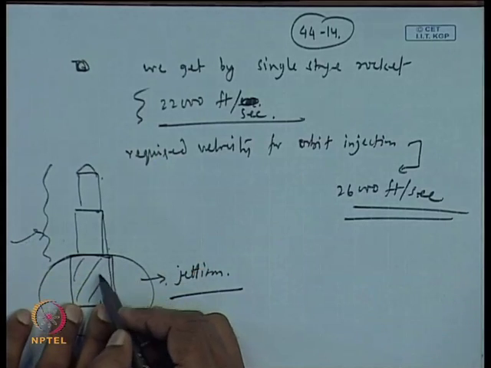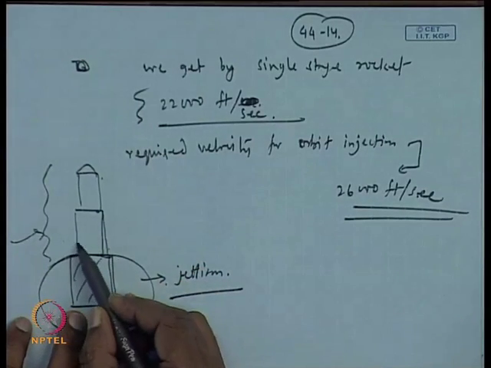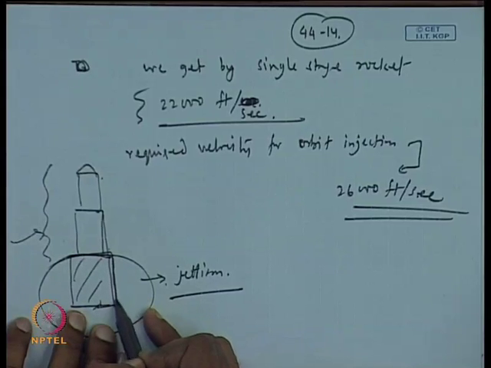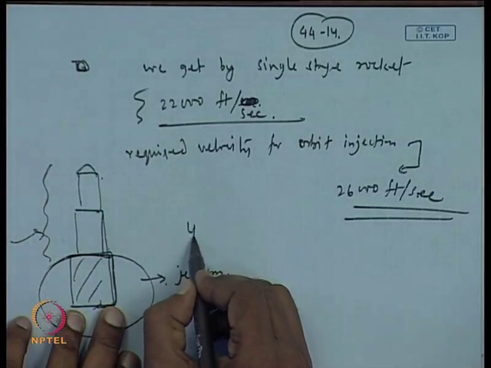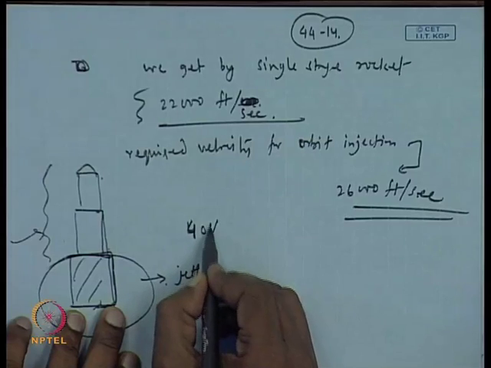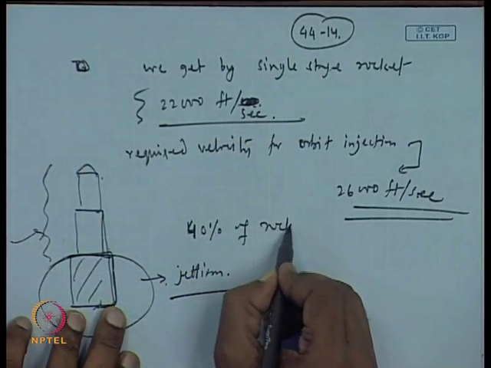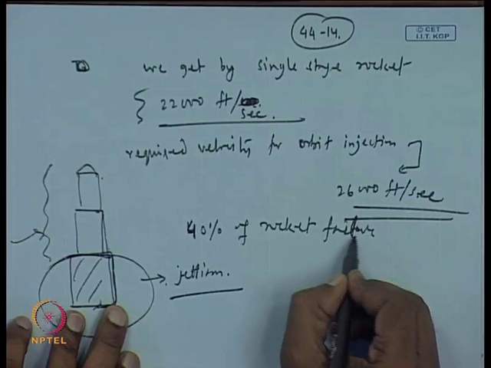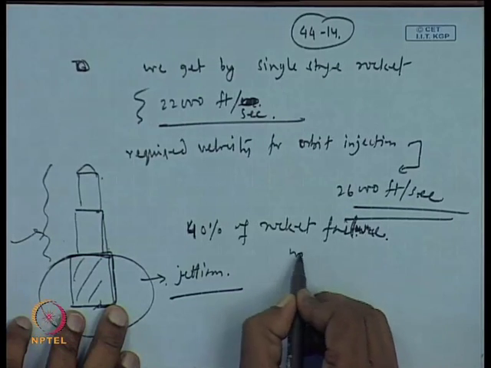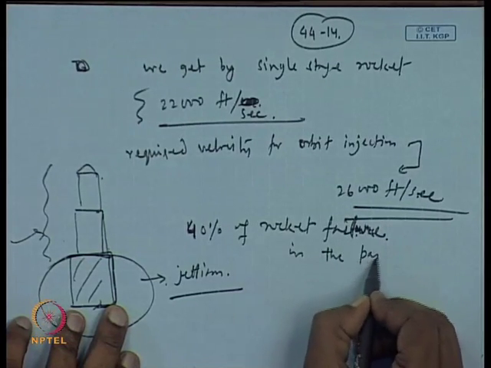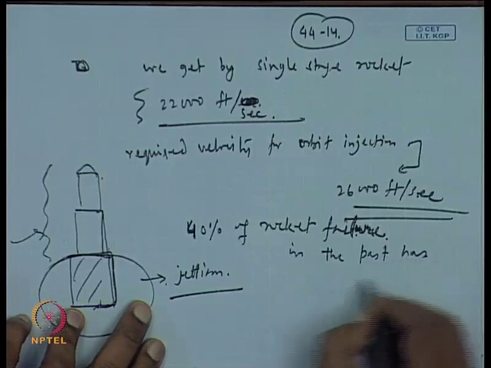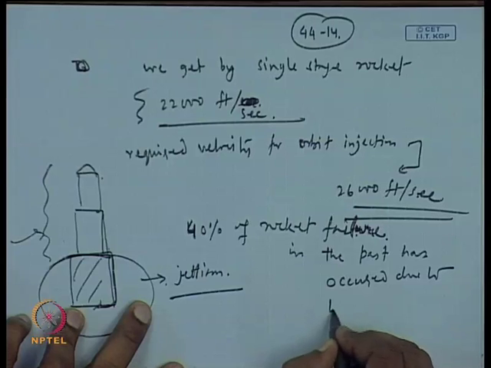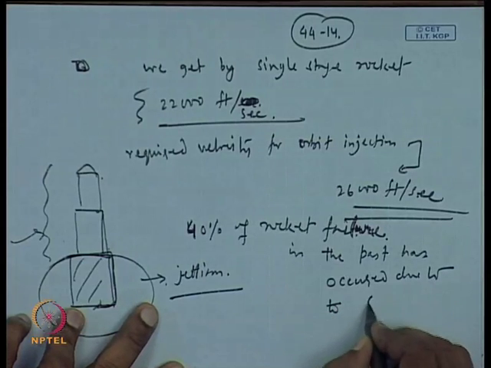Okay. But the problem involved with jettisoning is that it is a little more complicated mechanism, and 40% of the rocket failures in the past have occurred due to this stage separation.